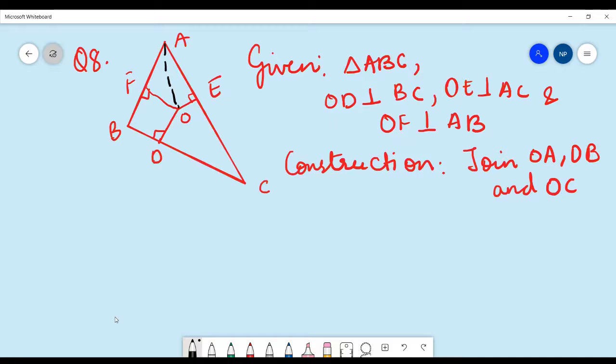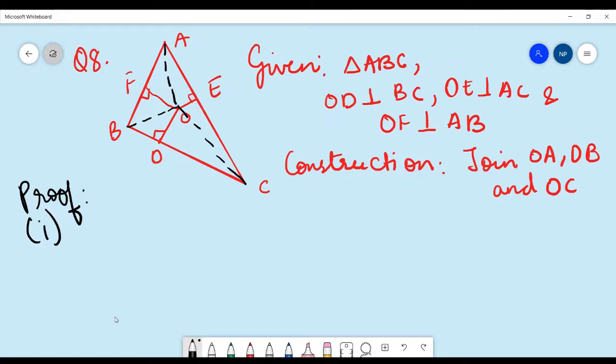It may be different in your diagram, children, because you must have the pencil and scale. Then we have to join OB, this particular line, and then OC, this particular line. Alright, so let us prove the first part.